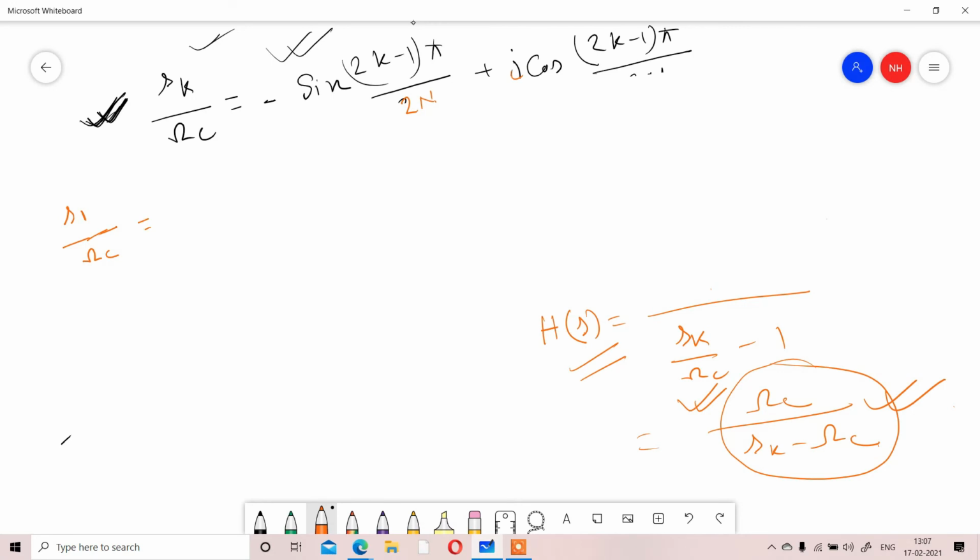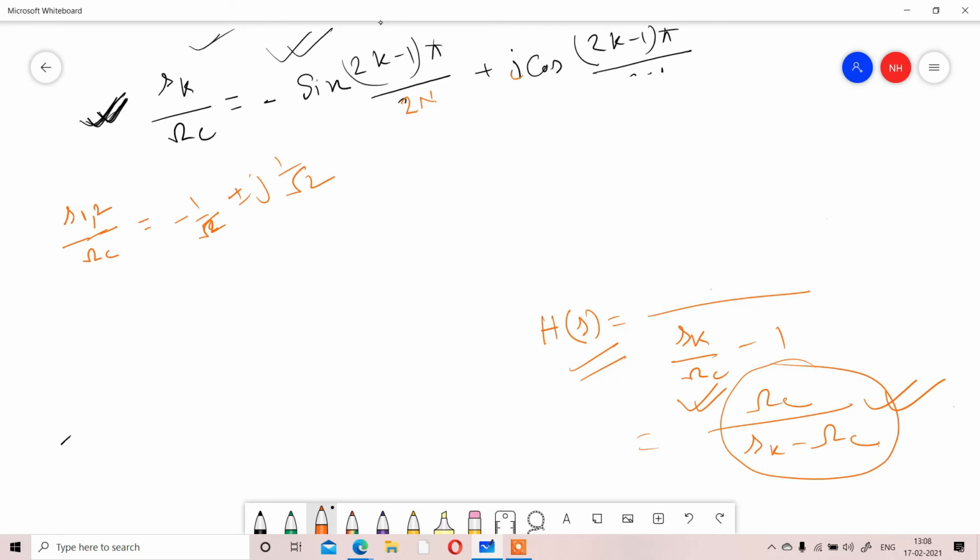I am not calculating again. Simply first put the value of k equal to 1, n equal to 2, you will get the value of s_1 by omega c. Again put k equal to 2, n equal to 2, you will get s_2 by omega c, and you can check the value you are getting is minus 1 by root 2 plus minus j 1 by root 2. s_1 will be minus 1 by root 2 plus j 1 by root 2, s_2 will be minus 1 by root 2 minus j 1 by root 2. Okay, so these are the two poles.